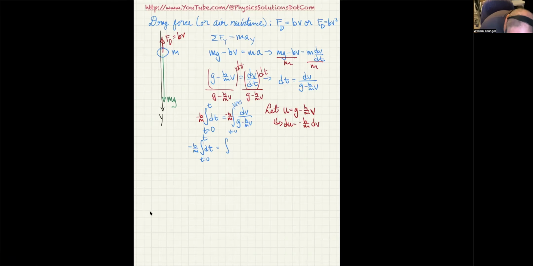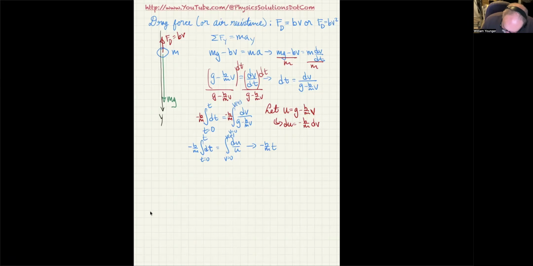So this is going to be du over u, from v equals 0 to v of t. In other words, I didn't change the limits of integration to the new variable, but we know that the integral of dt is just t, and evaluated at t and 0, that's t minus 0, so I get negative b over m times t for the left-hand side.